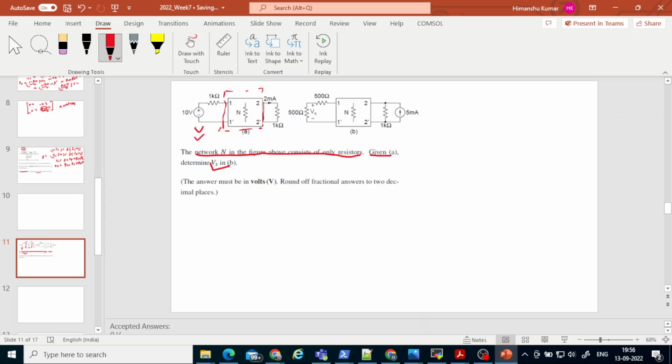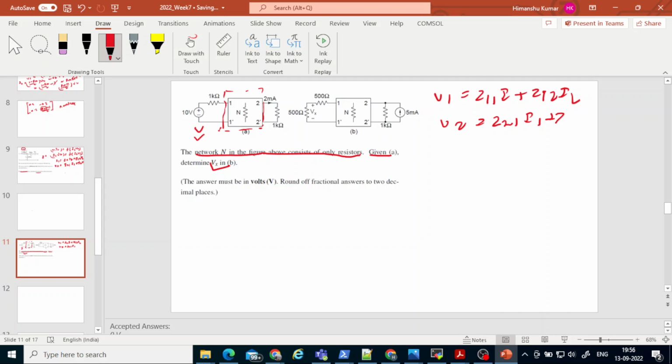So if we take the parameters as Z parameters, then we will write V1 as Z11 I1 plus Z12 I2, and V2 is Z21 I1 plus Z22 I2.